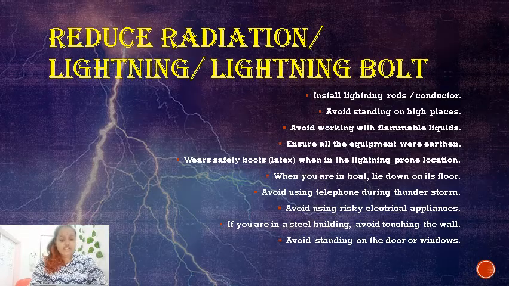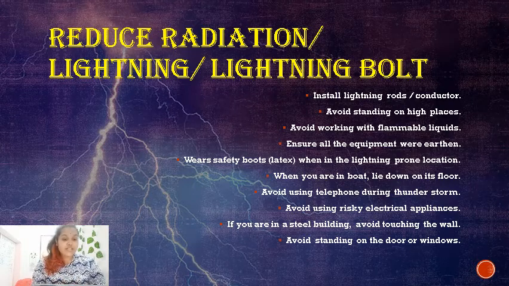To reduce lightning and lightning bolts, first we can install lightning rods or conductors. Next, avoid standing in higher places. Avoid working with flammable liquids, and ensure all equipment is earthed. Wear safety boots when in a lightning-prone location.